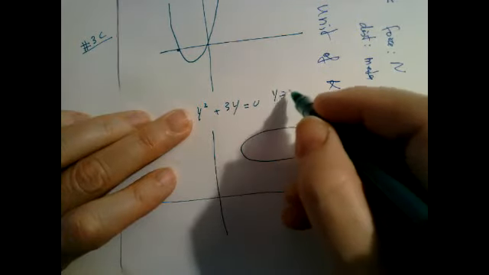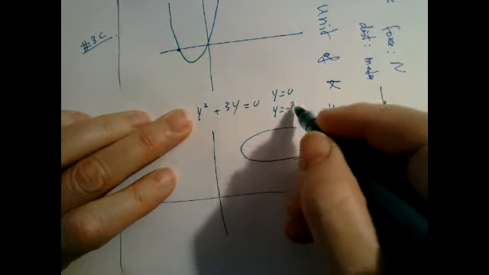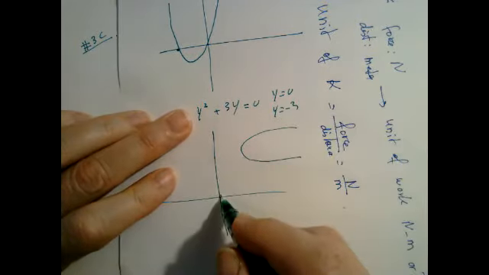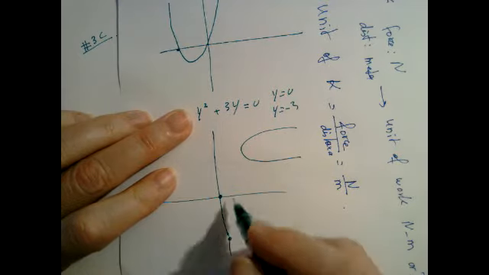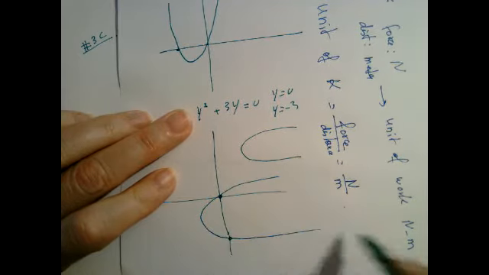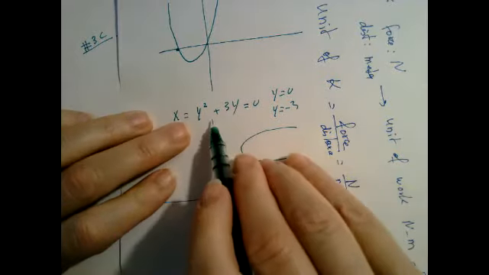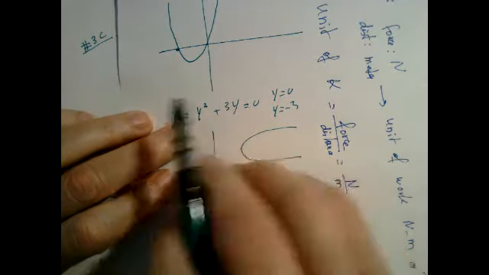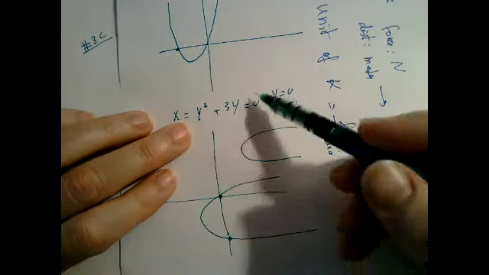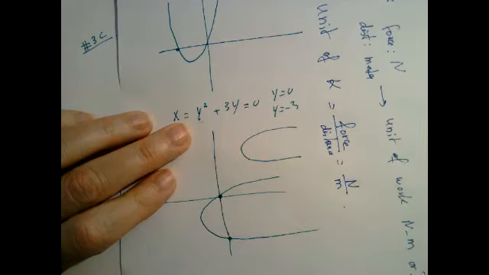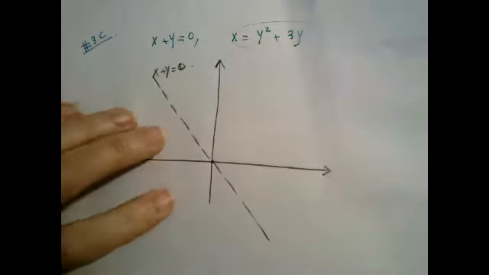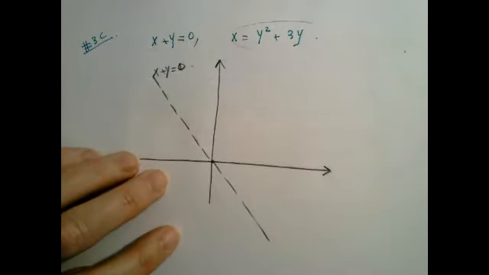So the same thing: y equals 0, y equals minus 3. So y equal to 0 and y equal minus 3, this is my parabola. It's really the same idea. x equal y squared is a parabola moving to the right. And if I find the zeros, I can sketch it very easily.